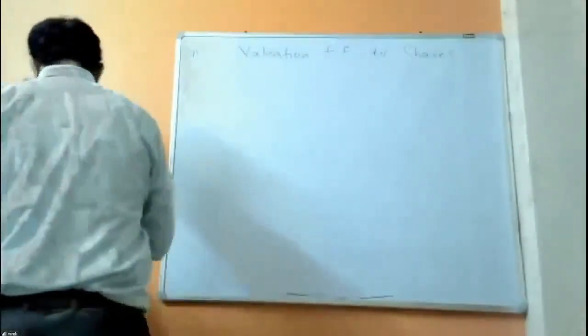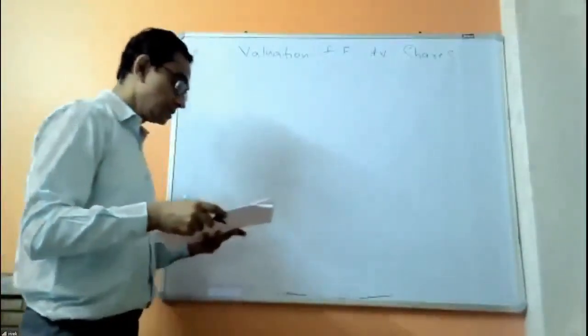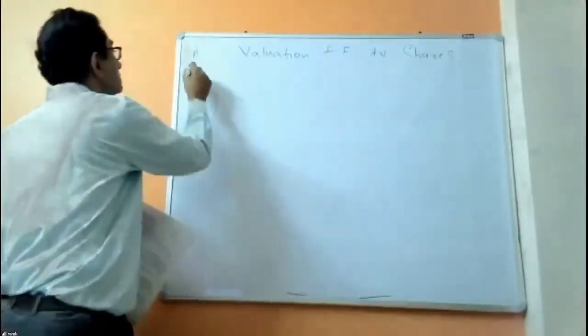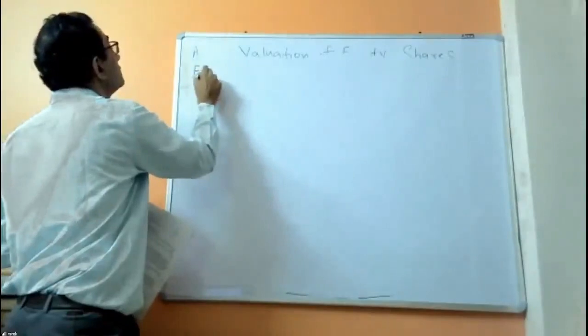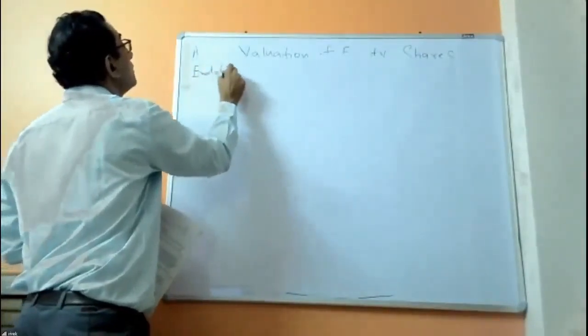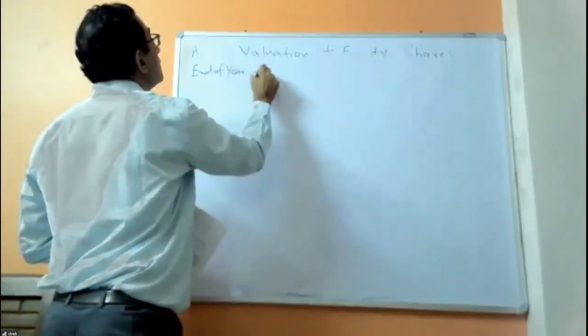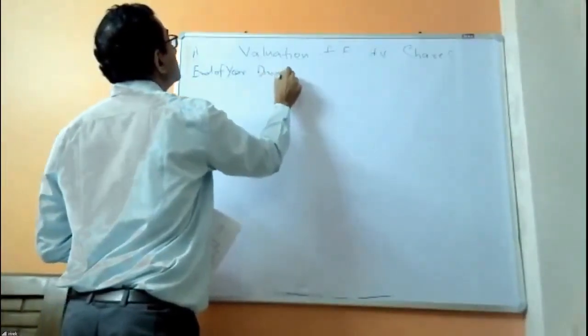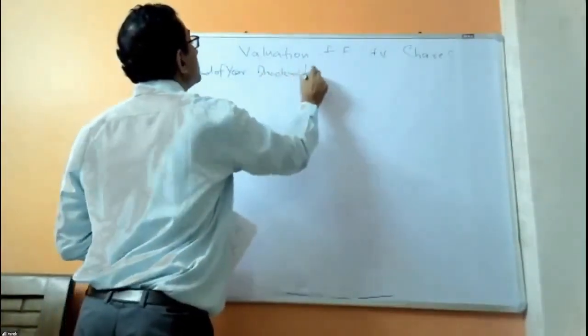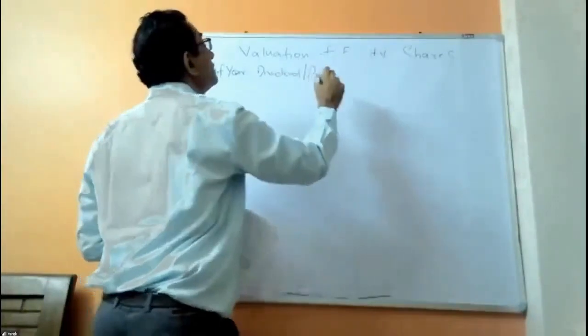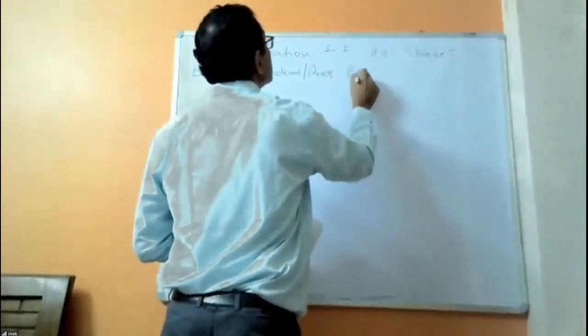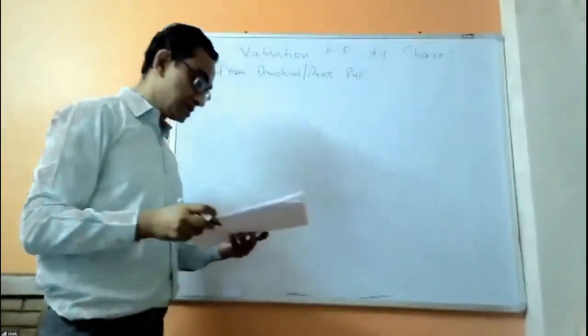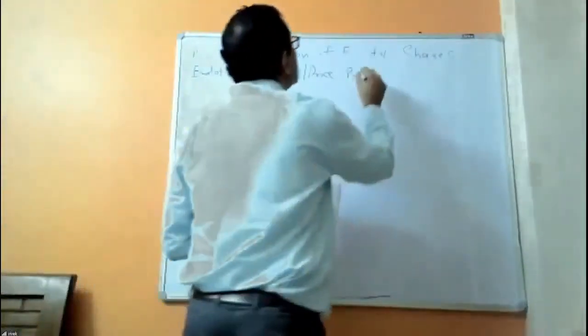Okay, fine. So now let us solve this question. End of year, dividend, price, present value factor. What is the discount rate? It is 12%.